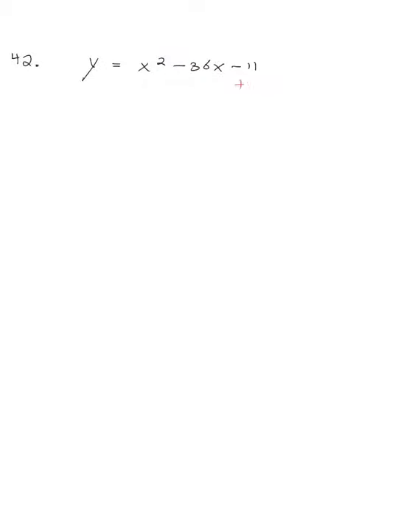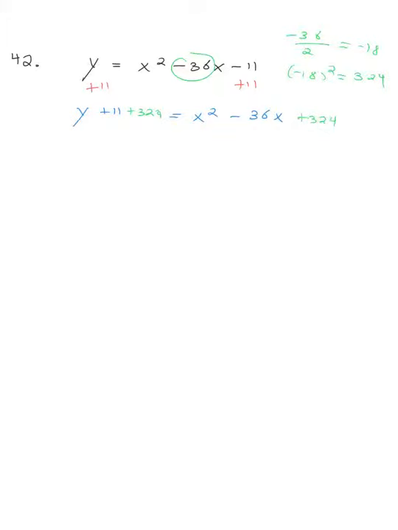Okay, we'll start by adding 11. We get y plus 11 is equal to x squared minus 36x. Again, focusing on that negative 36, if we were to take half of this, we get negative 18. And then squaring negative 18, we're always going to get that positive number here, 324. That's the number I want to add to both sides. So I'm going to do 324 added to both sides.